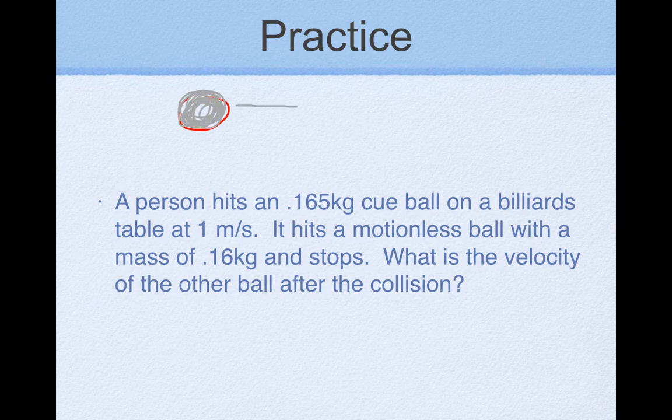It is hit on a billiards table and hits another ball. The cue ball stops, and all the momentum is transferred to the new ball. Figure out what the velocity of the ball is after the collision.